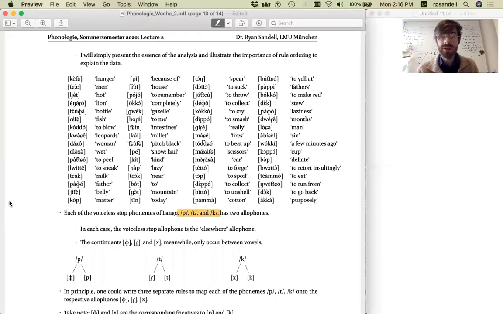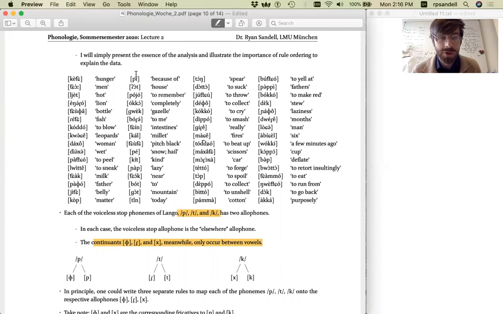And each of these stop phonemes has 2 allophones, a continuant and a stop. So for instance, the labial phoneme has a voiceless labial stop and a voiceless bilabial fricative. The velar stop has a velar fricative and a voiced velar fricative. These continuant allophones are found between vowels.